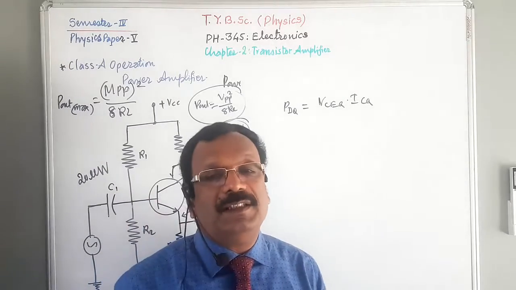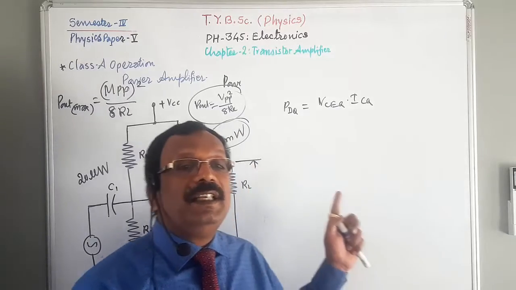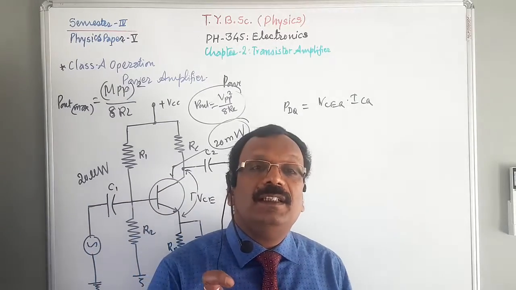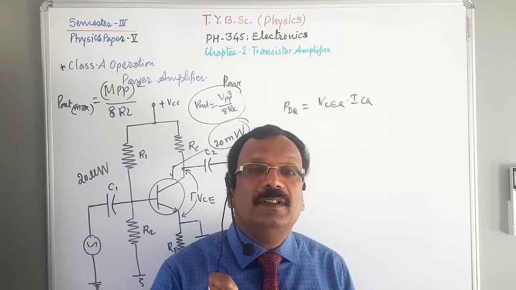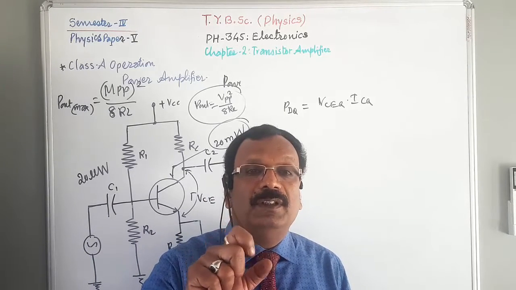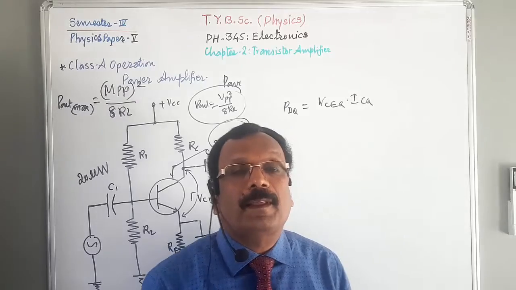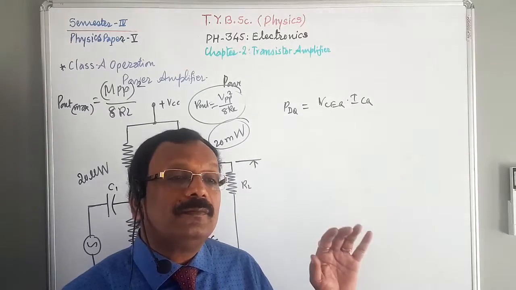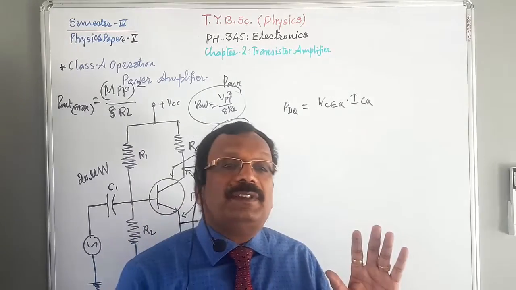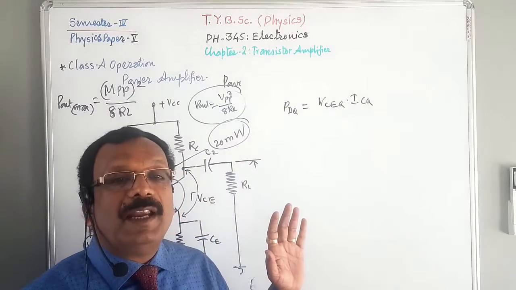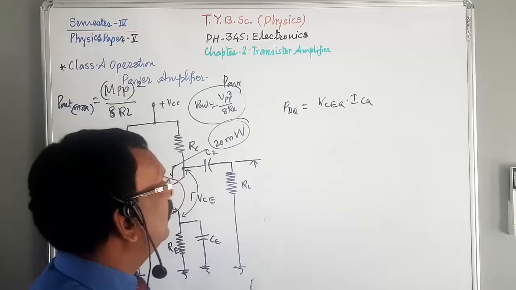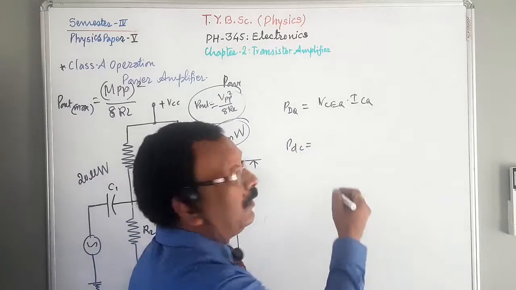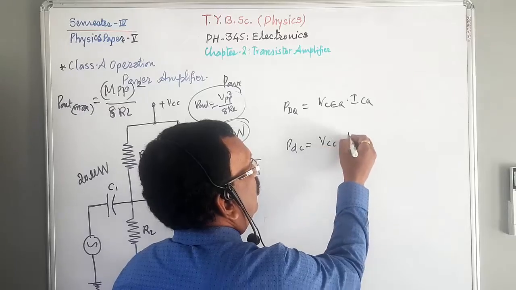And last, efficiency. What is efficiency? Efficiency is the ratio of output divided by input. The DC power supplied to an amplifier by the DC source is PDC equal to VCC into IC.